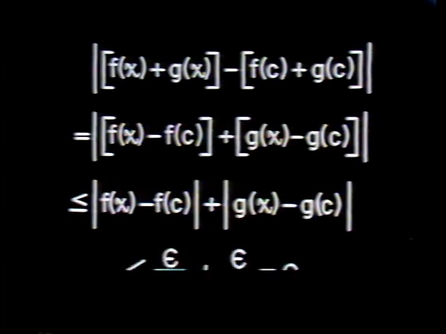So we may write the absolute value of f at x minus f at c plus the absolute value of g at x minus g at c is less than epsilon divided by 2 plus epsilon divided by 2, or simply epsilon.